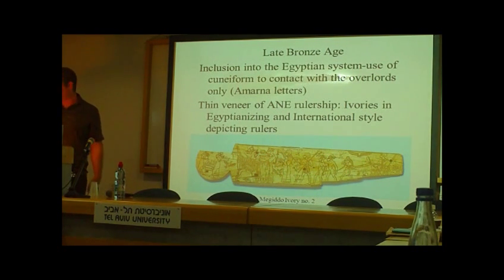There is indeed a thin veneer of ancient Near Eastern rulership that one can pay some attention to, and it's visible in ivories, in both Egyptianizing and international style, that depict rulers from, for example, Tel Achziv, more Egyptianizing, or here Megiddo ivory number 2, which is in a more Syrian or international style.